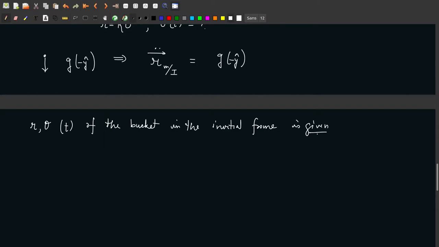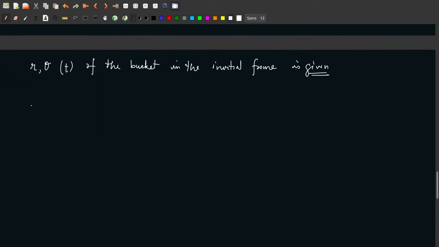And what exactly is the information? Theta, the angular dependence of the bucket with respect to an observer in the inertial frame, is given as theta naught times exponential of minus beta t.